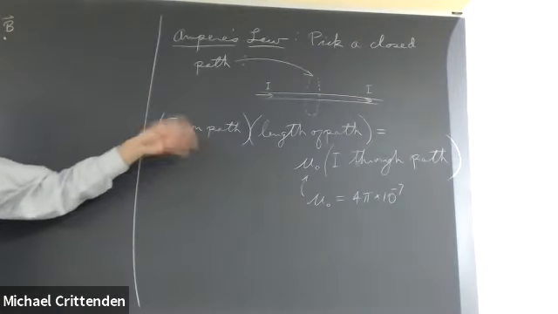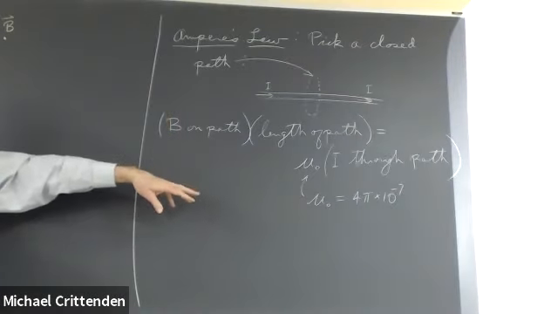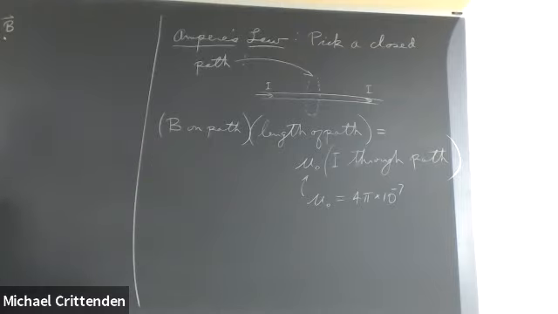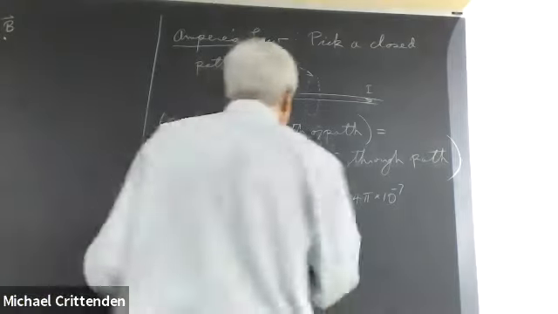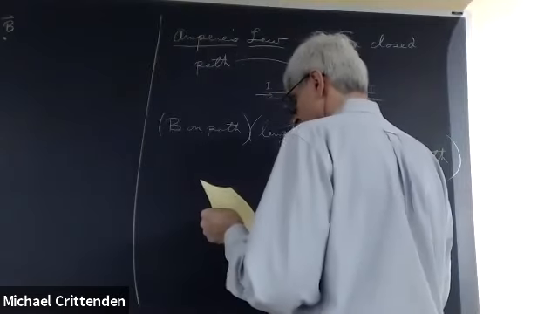You can define your other units in such a way that makes mu naught exactly 4 pi times 10 to the negative 7. Its name, once again, is the permeability.